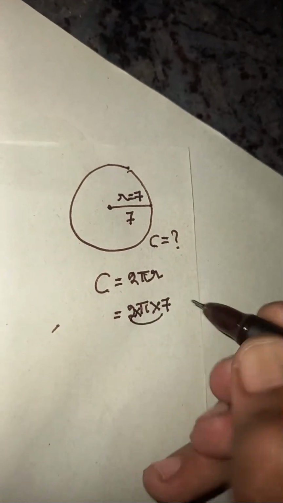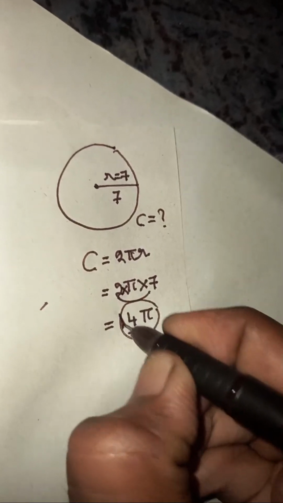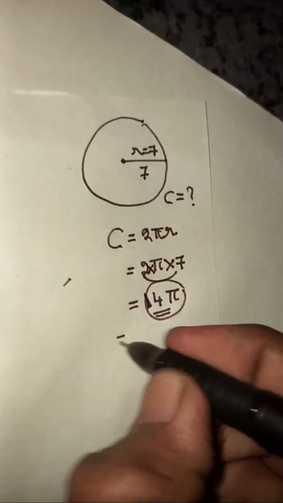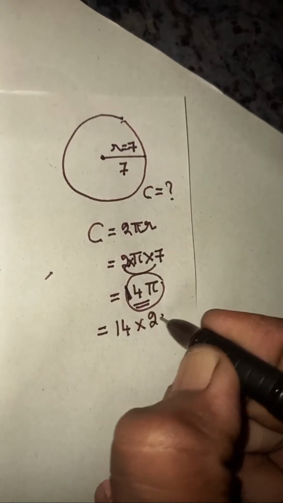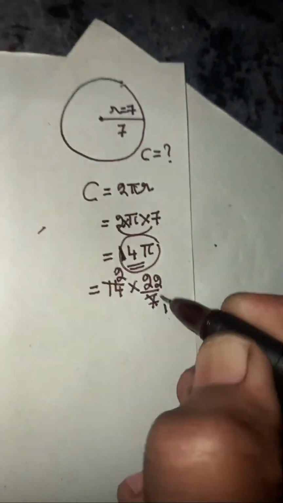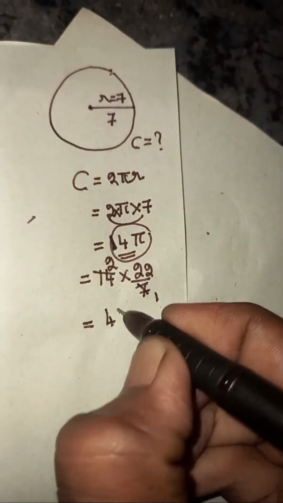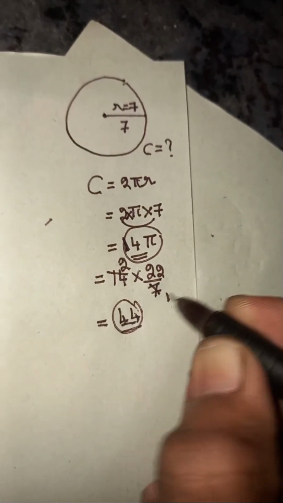Multiply 2 times 7 as 14. 14 pi units is the circumference, or you can write this as 14 times 22 by 7. 14 times 22 by 7, you can divide 7 1 times. 7 2 times is 14, and 2 times 22 becomes 44 units.